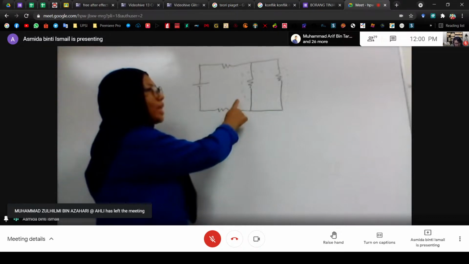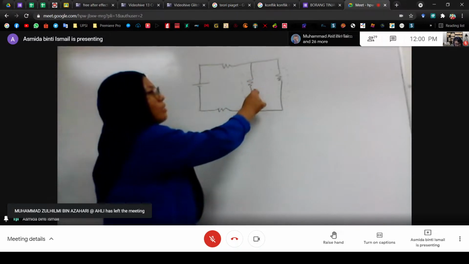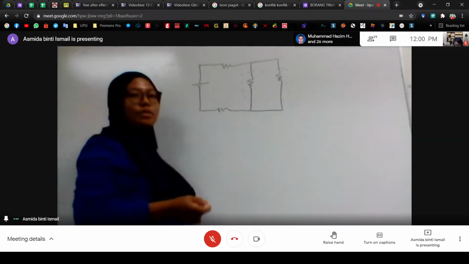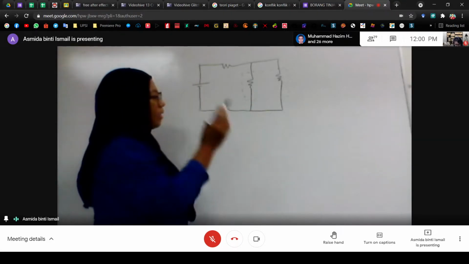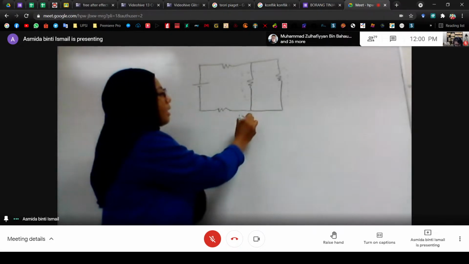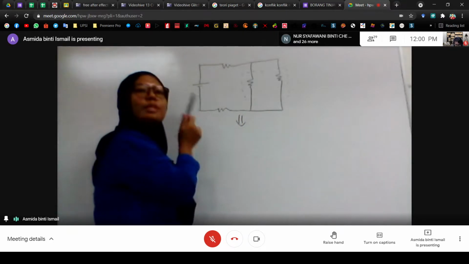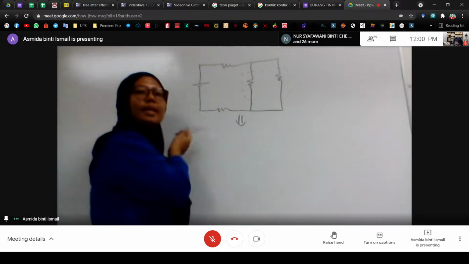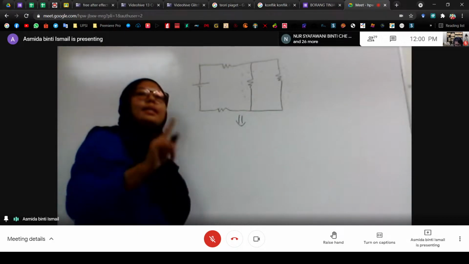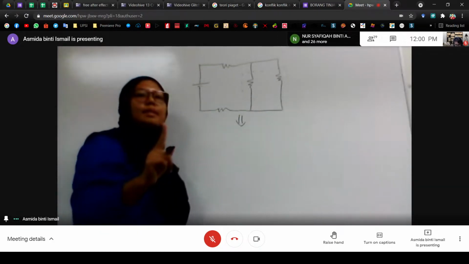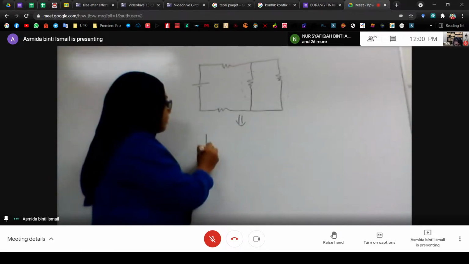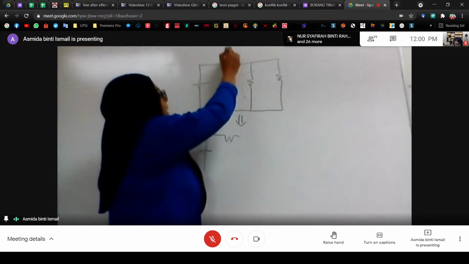Okay. So for this one, we know that these two are connected in parallel. So apa yang you kena buat, we need to simplify this circuit. We need to simplify this circuit until we get only one resistor. Okay? So, katakan this is R1.